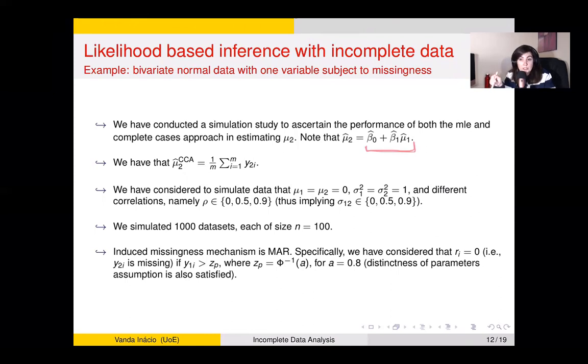We have derived these results under ignorability, so we need to put ourselves first, at least, under the ignorability context, to see how things work. And so we have assumed missing at random data, and missingness on y2 was imposed, so a value in y2 is missing if y1 is above some threshold, and the threshold is given by the quantile of a normal distribution, the quantile a, where a is equal to 0.8. So this is clearly missing at random data, and also distinctness of parameters is satisfied, right?